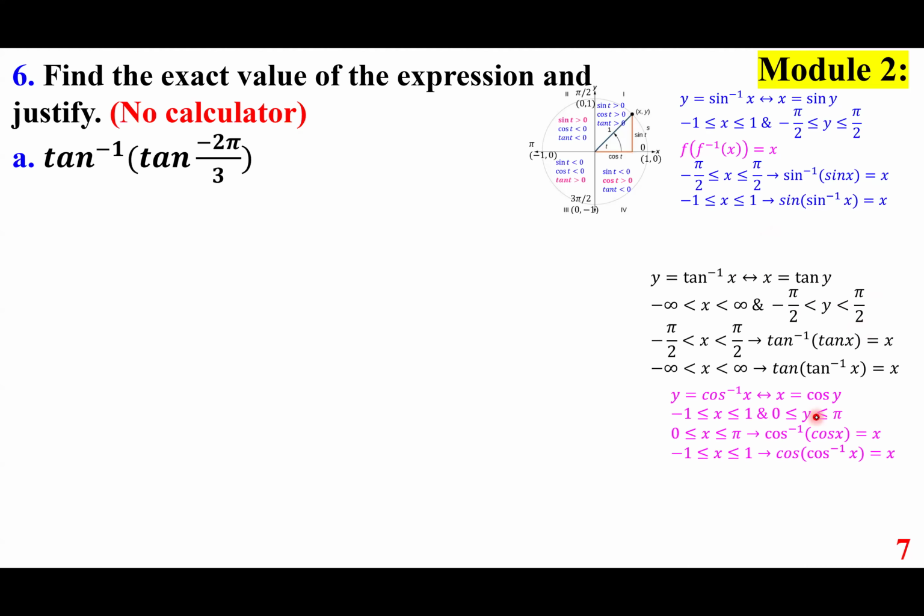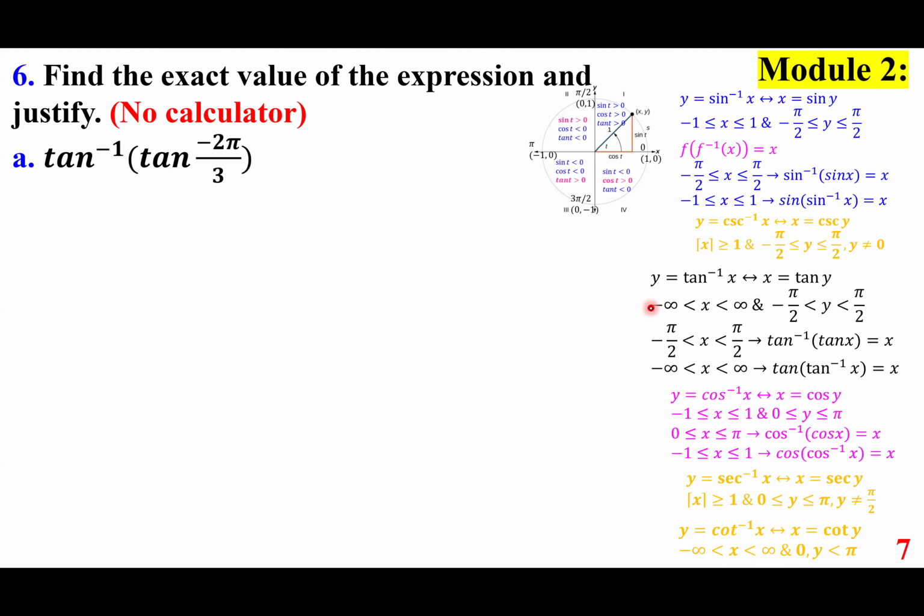Cosine, we cut it between 0 and pi. The endpoints are included. Cosecant basically follows the sine, so cosecant inverse, and of course, y can't be 0. Secant follows cosine, and of course, y can't be pi over 2. Cotangent, in essence, some might expect it to follow tan, but it doesn't. It follows, in essence, cosine, and of course, the endpoints are not included.